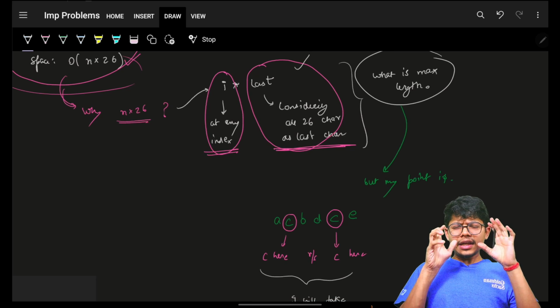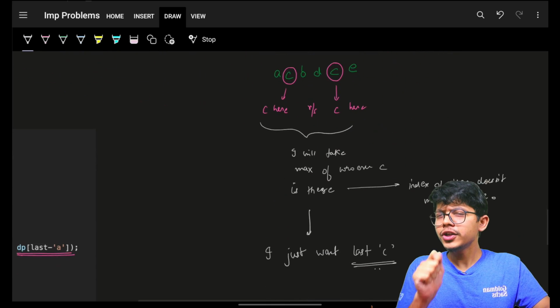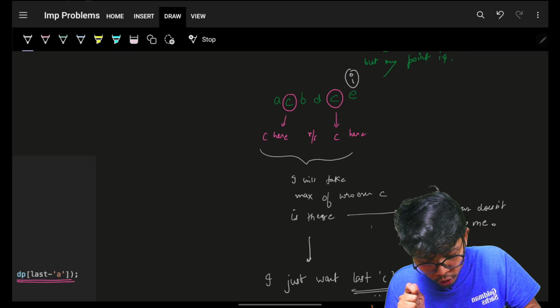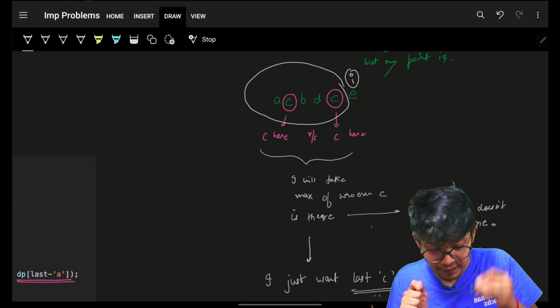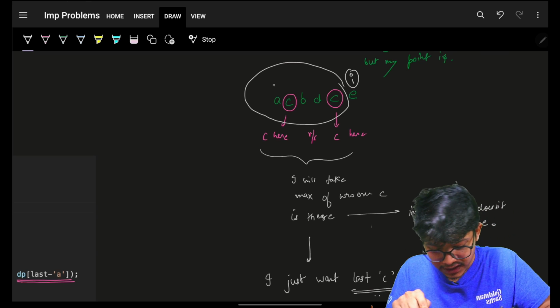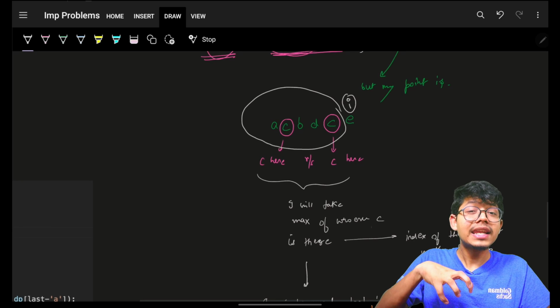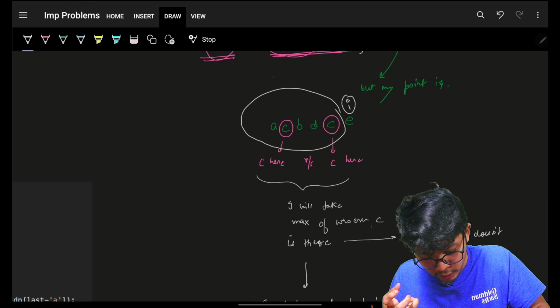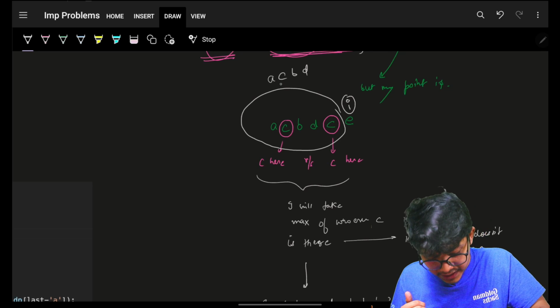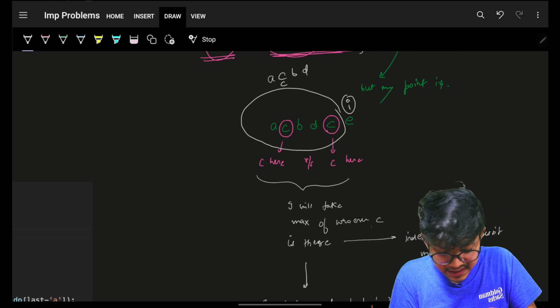Now, if you listened carefully, you must have realized one fact: if I am at a specific character, I will go on to the last characters I have got so far, and I'm only concerned about the last characters. So I'm concerned about only A, C, B and D. I'm not concerned about A, C, C, B and D, because C is repeating twice.